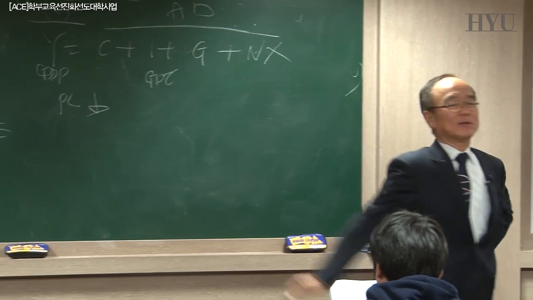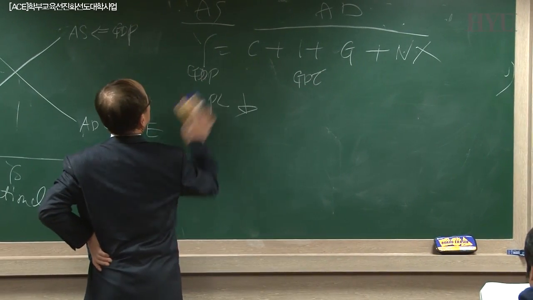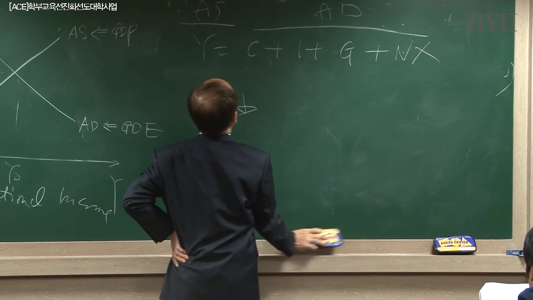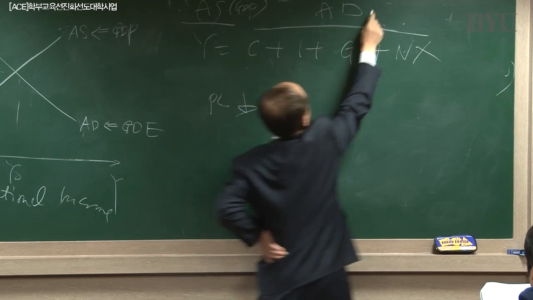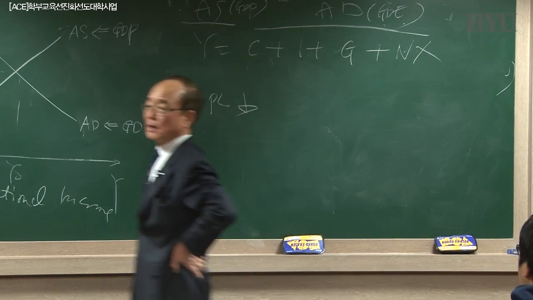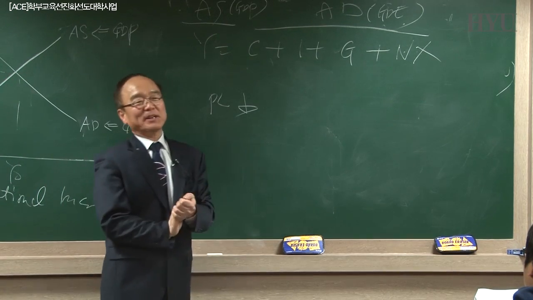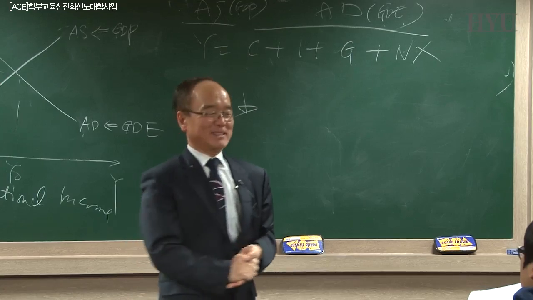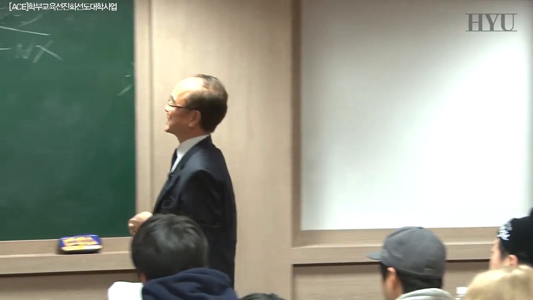GDE, gross domestic expenditure. So this is GDE, and AS is GDP. Then there are three explanations. More or less awkward, not totally convincing, but somehow understandable.